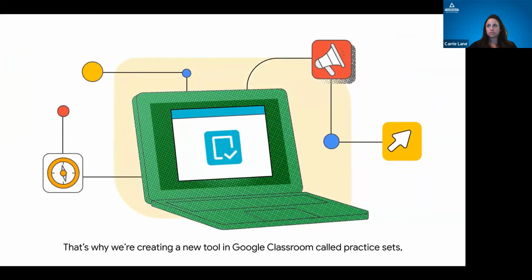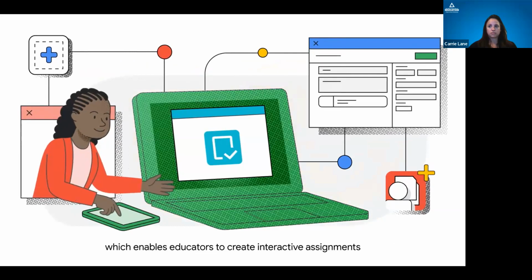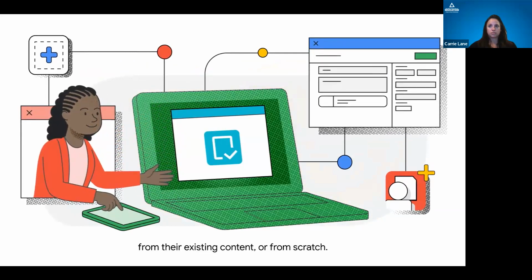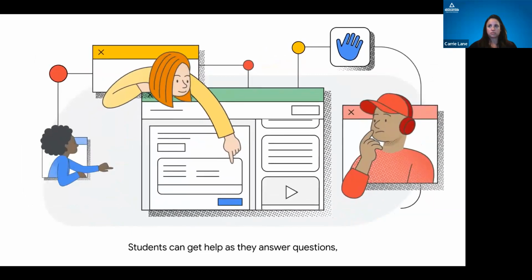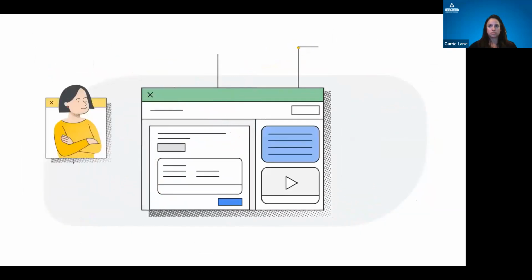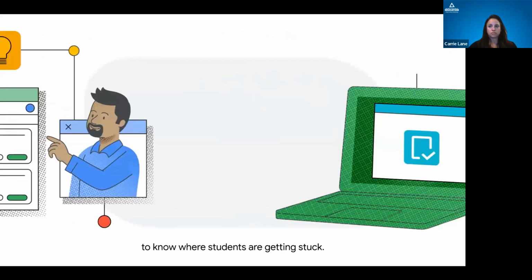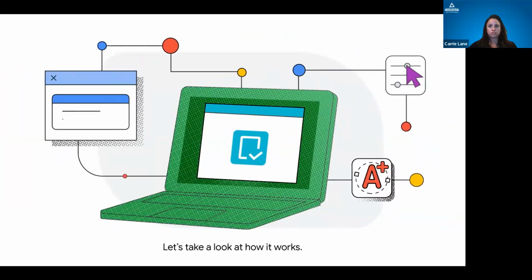That's why we're creating a new tool in Google Classroom called Practice Sets, which enables educators to create interactive assignments from their existing content or from scratch. Students can get help as they answer questions, and teachers can get automated insights to know where students are getting stuck. Let's take a look at how it works.